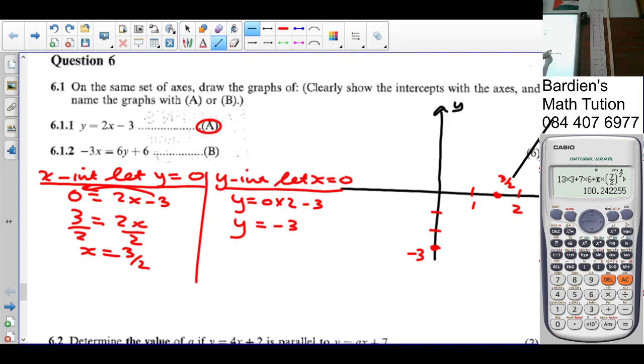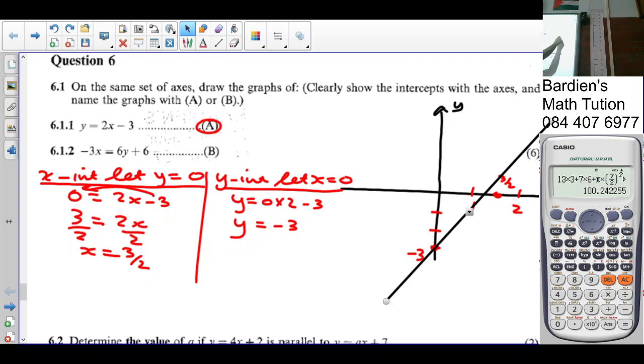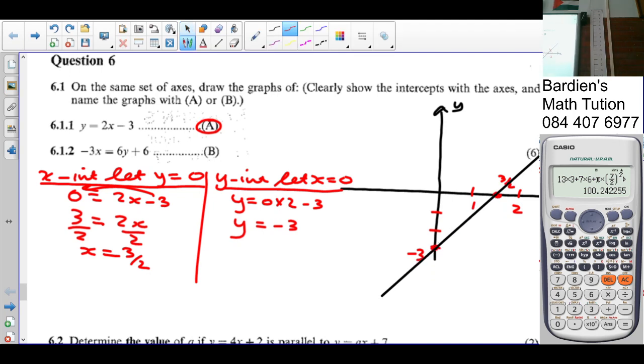So with your ruler, draw the line, and we name this A. Any confusion there? People know how to do these things, no?